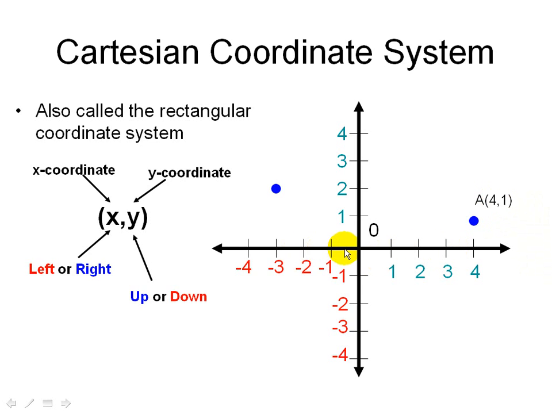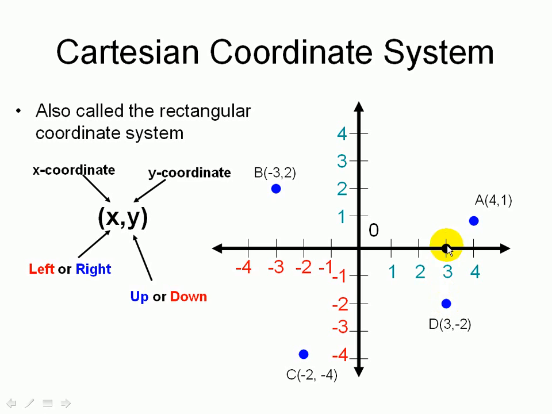This is located at (-3, 2). This point C is located at -2 for the x-coordinate and -4 for the y-coordinate, shown here. Point D is located at +3 for the x-coordinate with a -2 y-coordinate, or (3, -2).